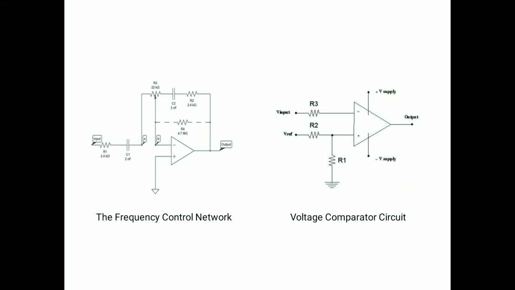The input voltage to this voltage comparator is at the inverting terminal, and V reference is connected to the positive terminal of this op-amp. The output of the comparator gives a constant voltage which has a higher level, means it gives like this.